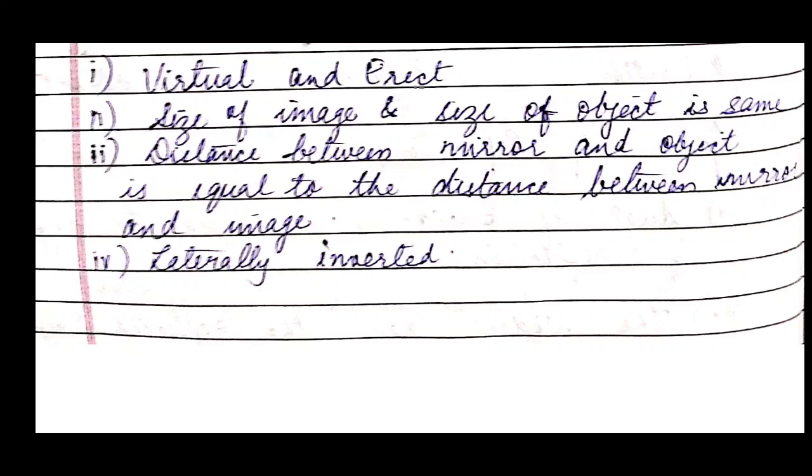Then next, it forms a laterally inverted image, also known as lateral inversion. Now what is lateral inversion? You're standing in front of a mirror and you're raising your left hand, but in your image you feel that it is the right hand.